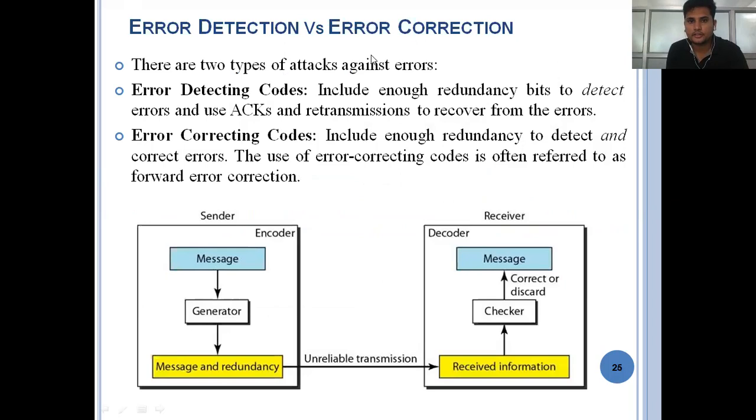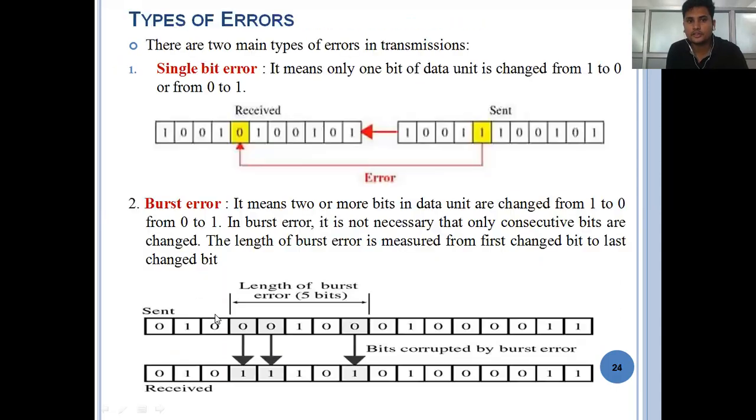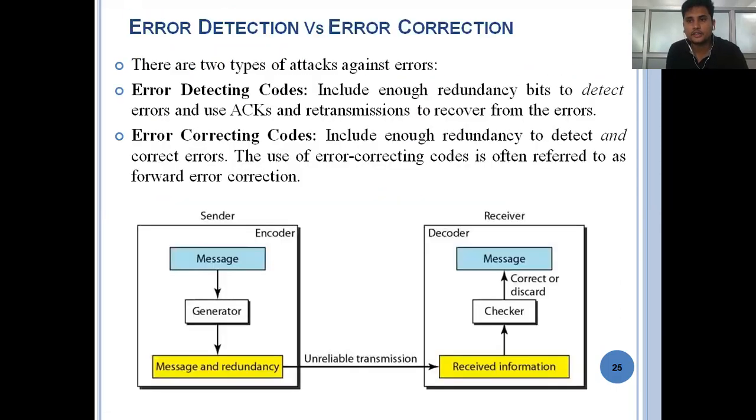Now, error detection versus error correction. On the sender side, we encode the data and send it. For that purpose, a generator is used, and on the receiver side, a checker is used. The generator is used to add additional bits. Why do we add additional bits? That is what we discussed in bit and character stuffing in the data link layer, in the framing concept.